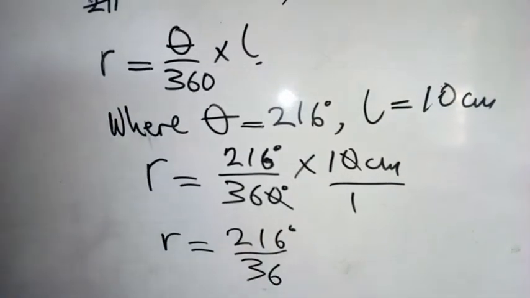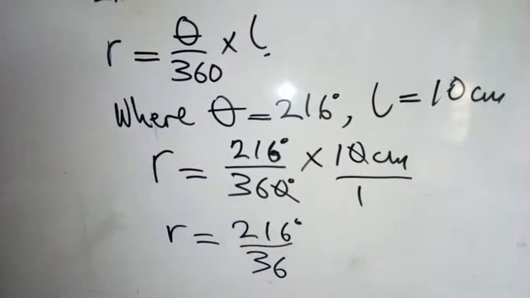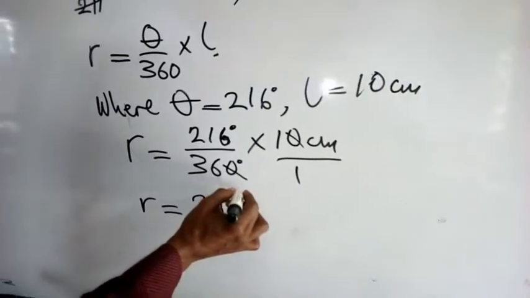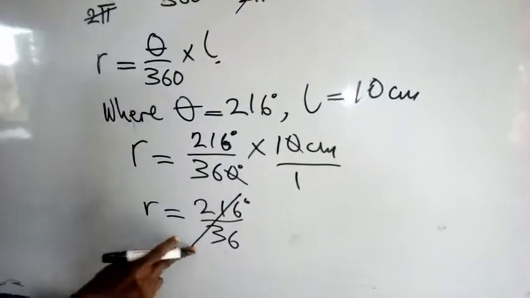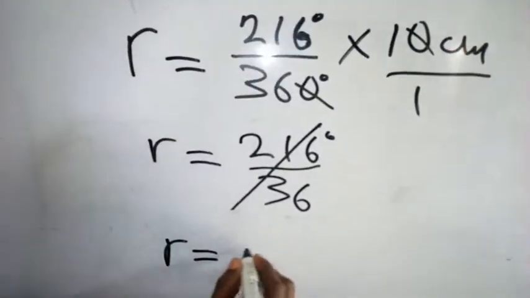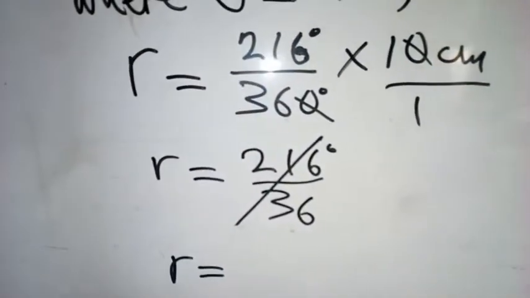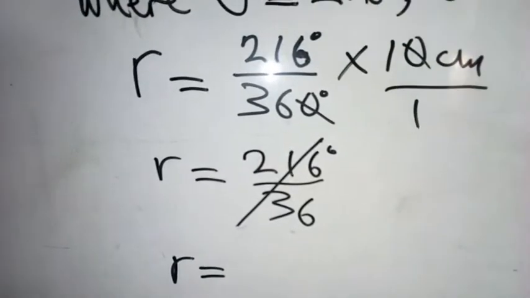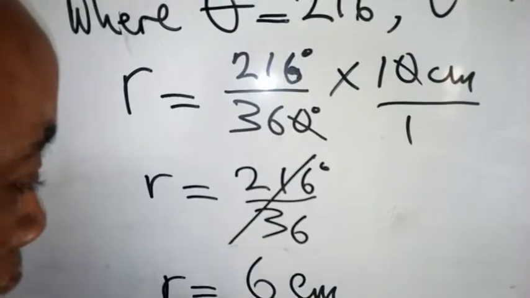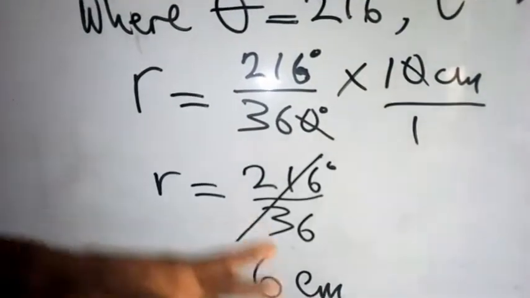Now it is 36. So taking time to cancel it, reduce it, divide it without wasting time, your R is equal to 6 centimeters.